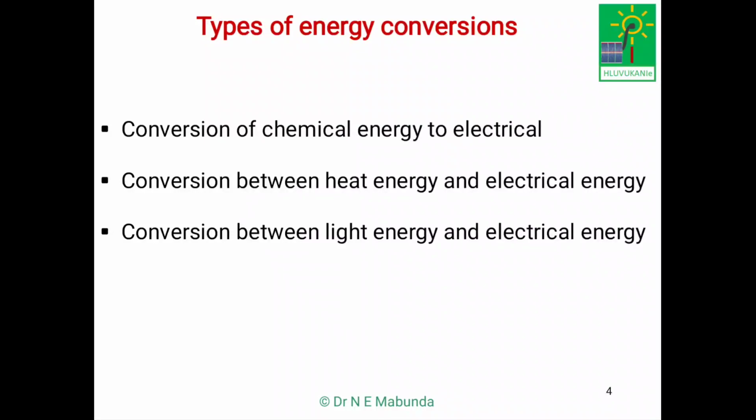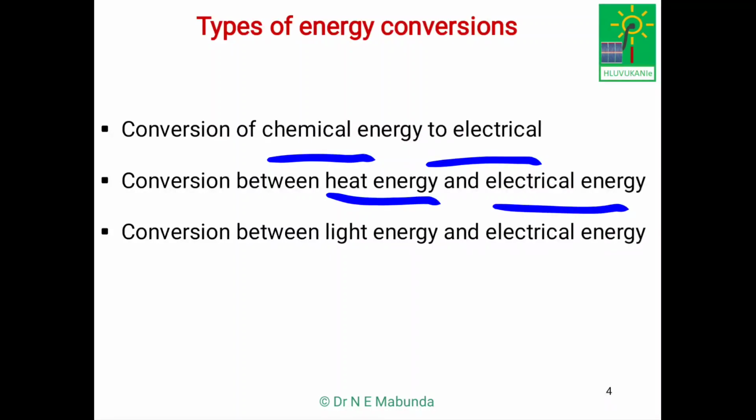Types of energy conversions. You can have chemical to electrical when you use a battery. Batteries keep energy in the form of chemical energy, and you extract it, it becomes electrical, you power your devices. Then from electrical to other formats. It can be kinetic in terms of electric cars. And we have conversion of heat to electrical, steam turbines that rotate and give electricity.